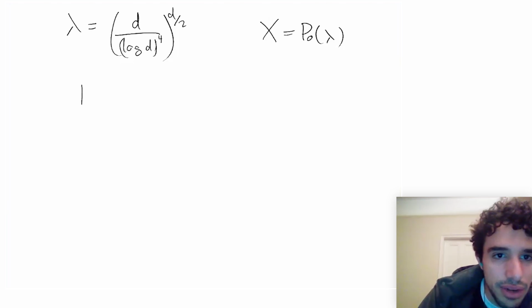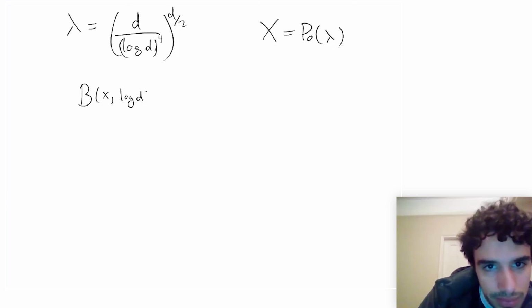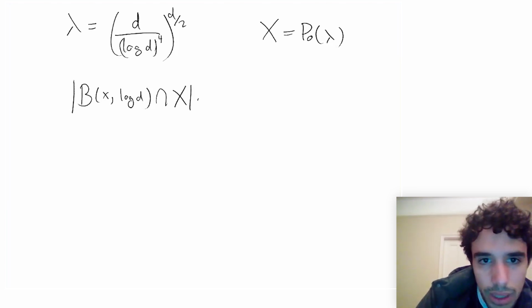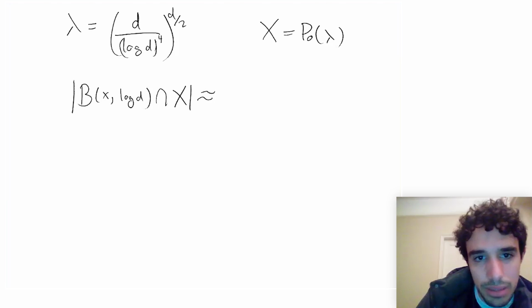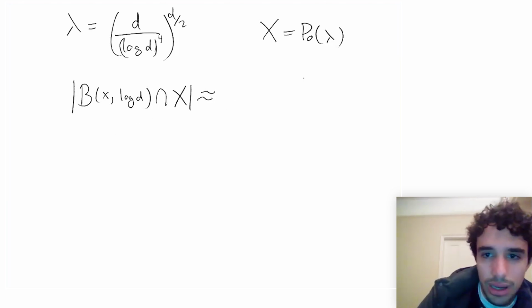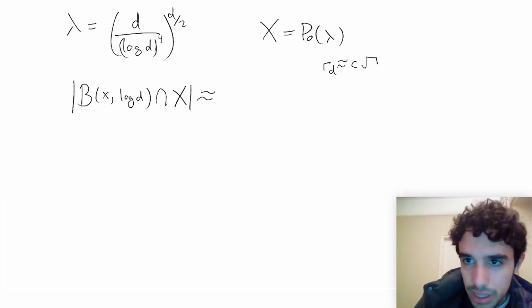First, notice that if you have a ball around a point of radius log d, and you take the intersection with x, what is going to be the expected intersection? The fact is that R_d is basically going to be some constant times root d.